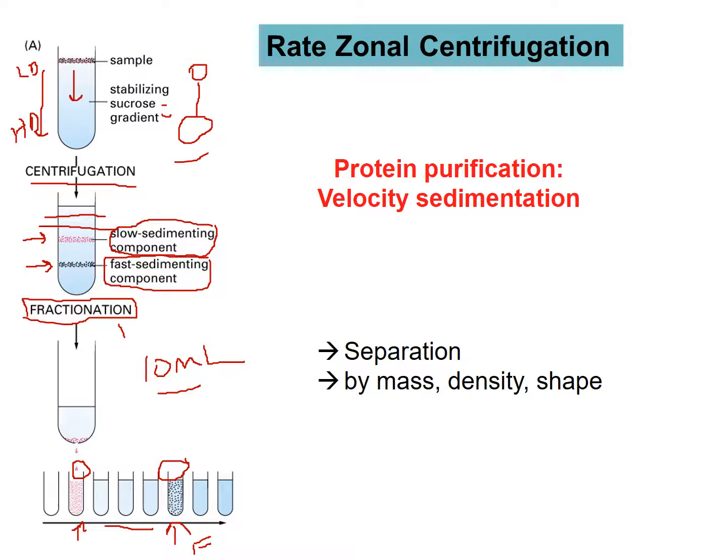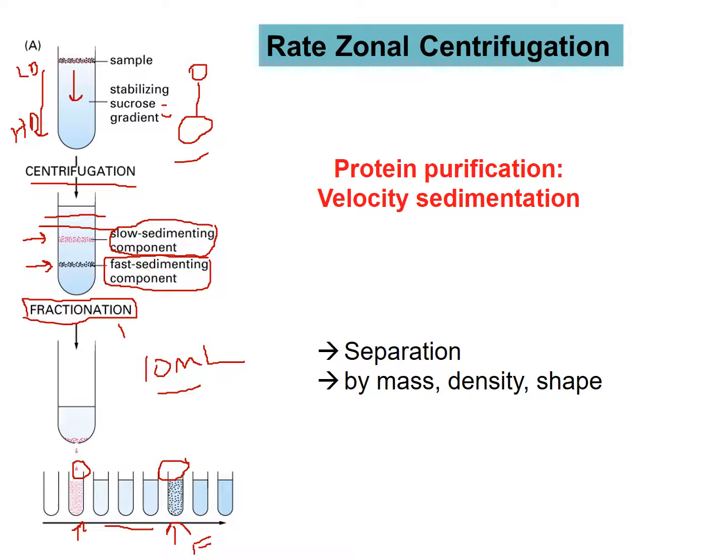So we have to have a machine and a process to grab 2 mil slices at a time without shaking this up. Obviously, if you shook it up, if you dropped it on the floor, and by the way, this would usually have a top, but not always, it would leak out. Obviously, you'd be mad, but if you dropped it, you would shake these up, and you'd have to recentrifuge if you had any material left.